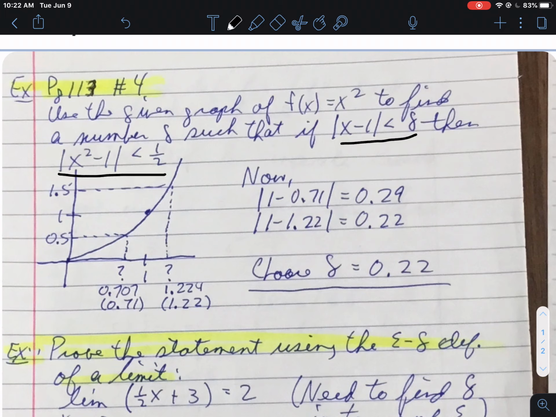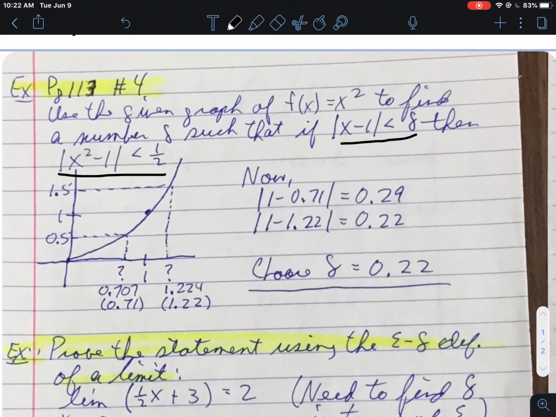Now, if you want to put this in terms of that limit definition, then I'm looking at the limit as x approaches 1 of x squared, which is our function, is 1. So here's our a value, here's our L value, here's our function. So the limit as x approaches 1 of x squared equals 1.